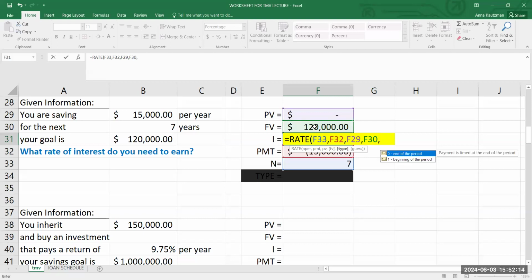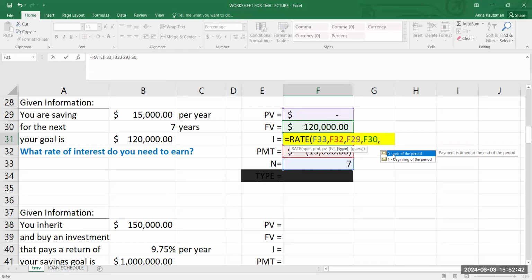Now, if I put a comma, it's going to ask for type. And we're not going to use that, but I want to show you in case you have a problem that needs it. So when you put the comma and it rolls to type down here, it tells you you have two choices, 0 or 1. 0 is the payment is made at the end of each time period.